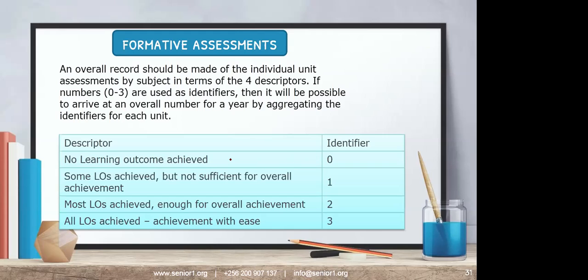And so when I see that you have achieved some, but not all, for example, I can judge this topic you have understood like 40%, I could give you 1. And when I say this guy has understood probably about 70%, I could give you 2.